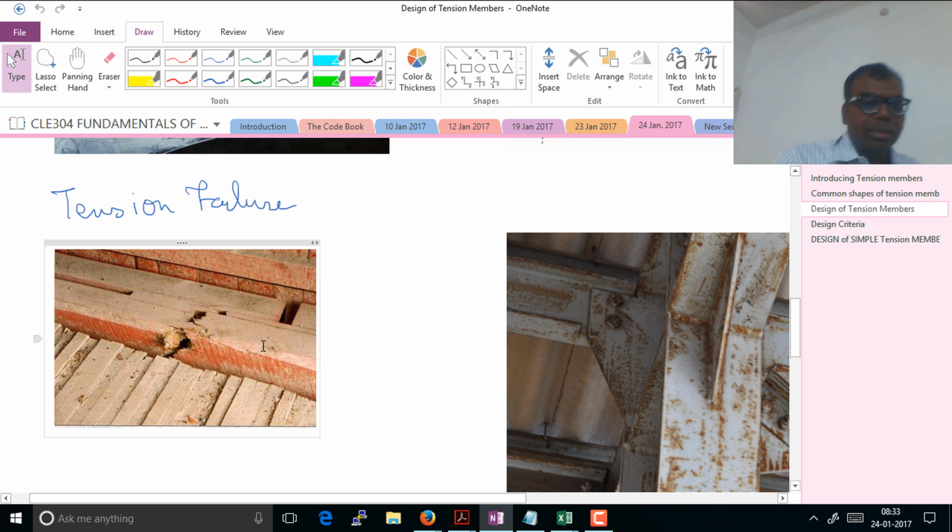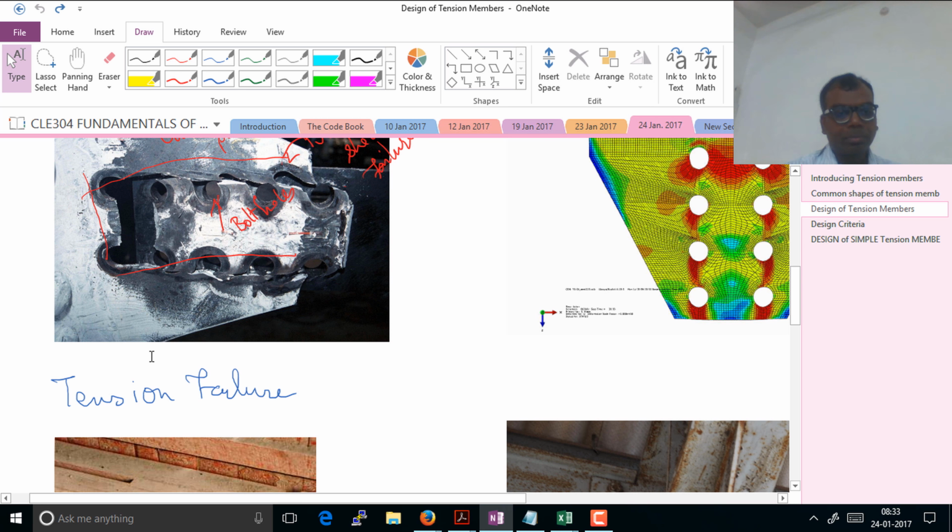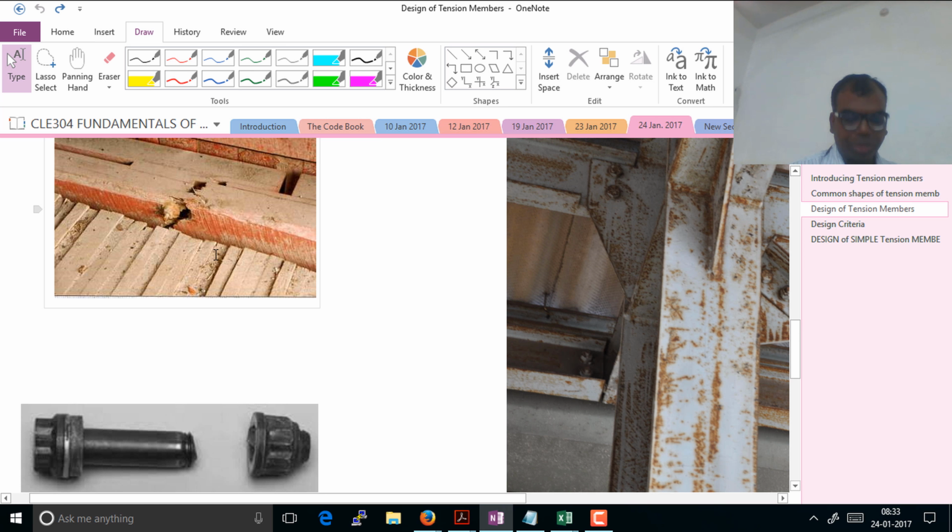Now if you see here, this is a place where you can very clearly see a failure in tension. The bolt hole. One minute, let me just take another pen. If you look at this area, you'll find that the bolt hole has reduced the area of cross section so much that when tension was applied on this plate, it has failed.